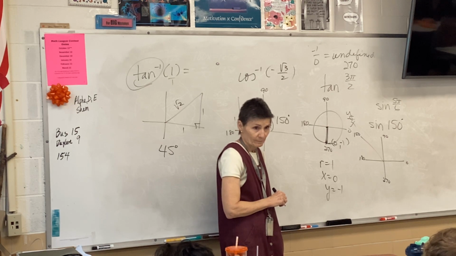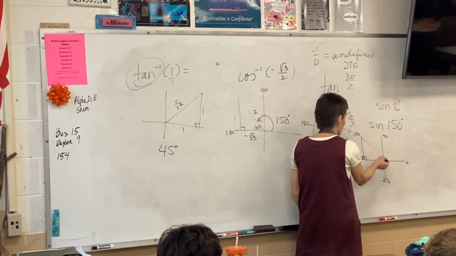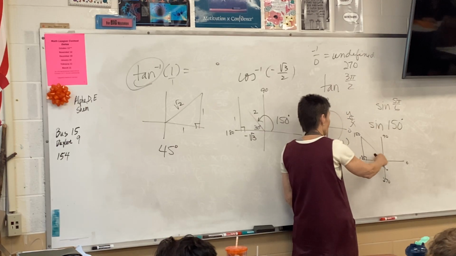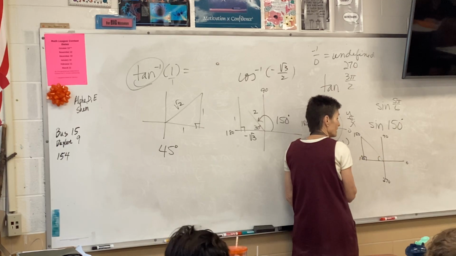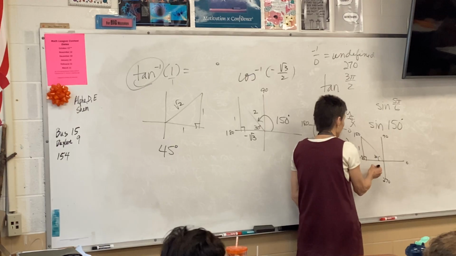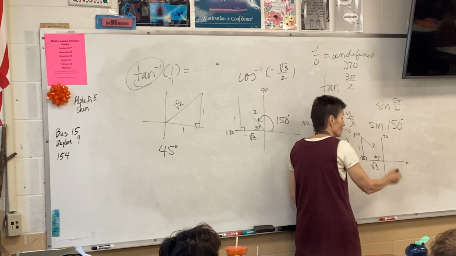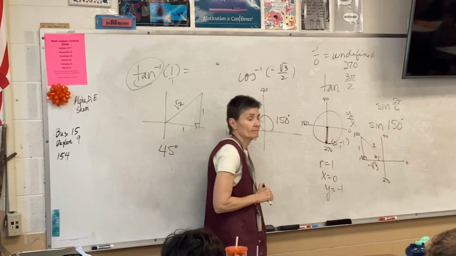Right? Yep. Butterfly bow tie it. Now, here's the key, that angle right there, it's 150 and 180. So that is 30. So 1, root 3, 2, and the root 3 is negative.